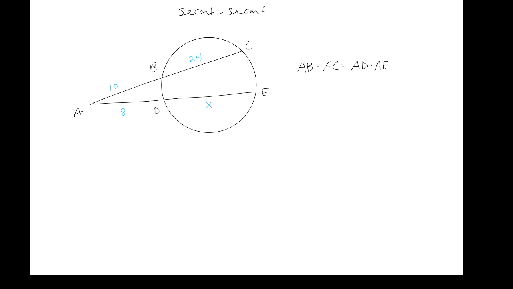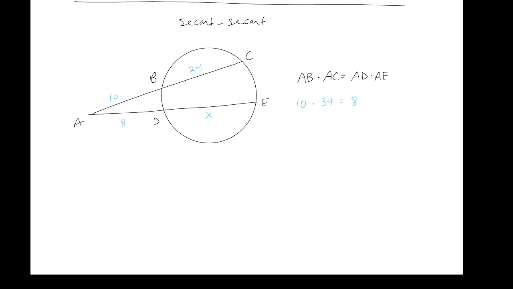All right? So we start to solve here. We substitute AB, which is 10, times AC, which is 34, 10 plus 24. We have AD, which is 8, and then we have AE, which is going to be AD plus DE, or 8 plus X. And we start to solve.